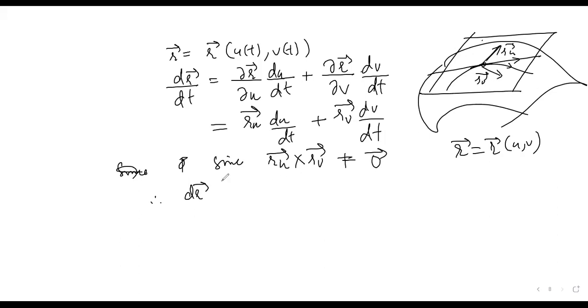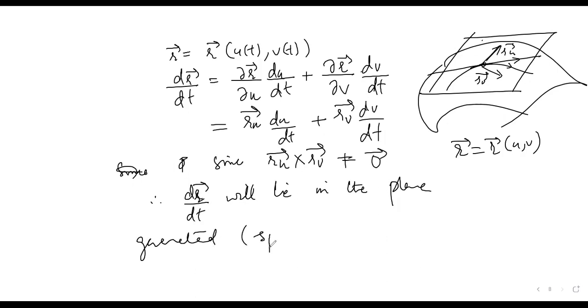Because they are linearly independent, what I'm trying to say is dr by dt will lie in the plane spanned by ru and rv.